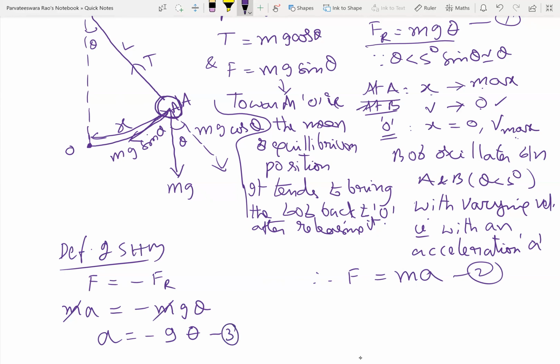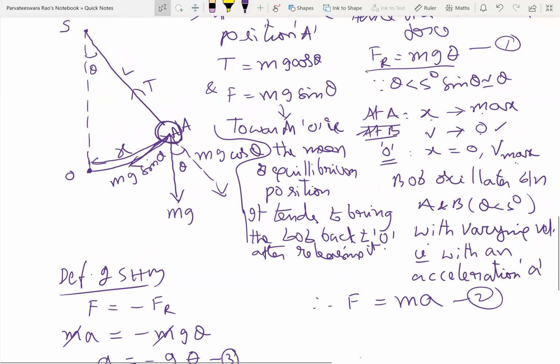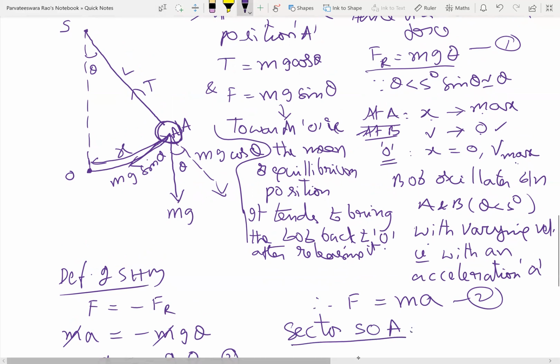Then see this sector SOA. The length of the arc, that is OA, is equal to radius into the angle between the radii.